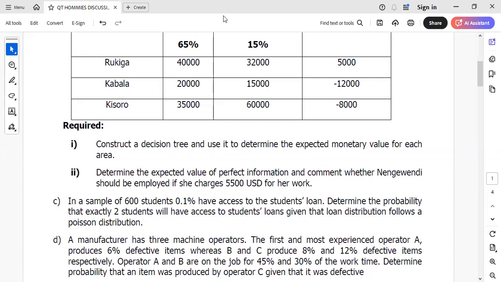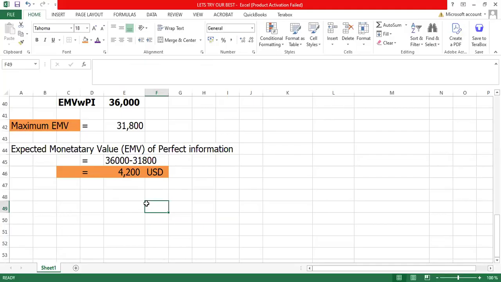Now, when you do the research on your own as a company, without engaging any consultant or specialist, this is the overall amount of money you're going to incur. But if you decide to engage a specialist like Nange Wendy Consult, you will incur 5,500 US dollars.